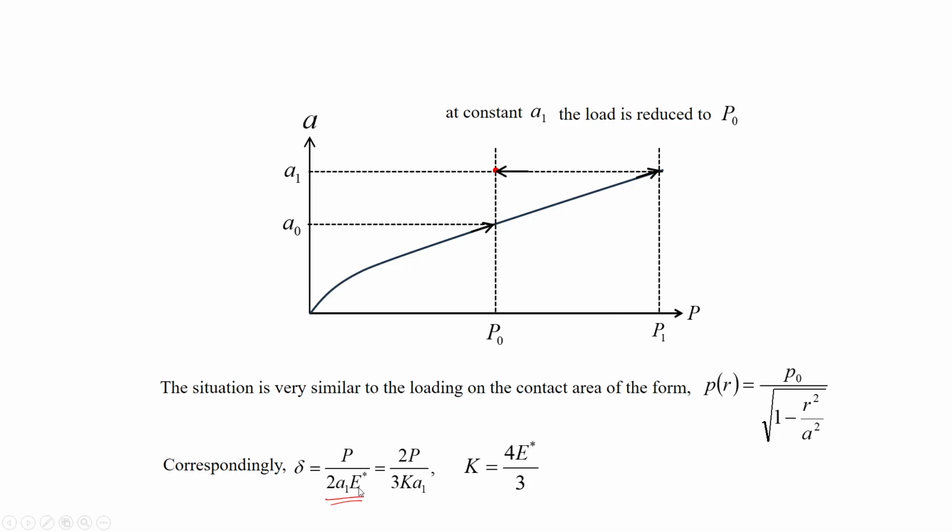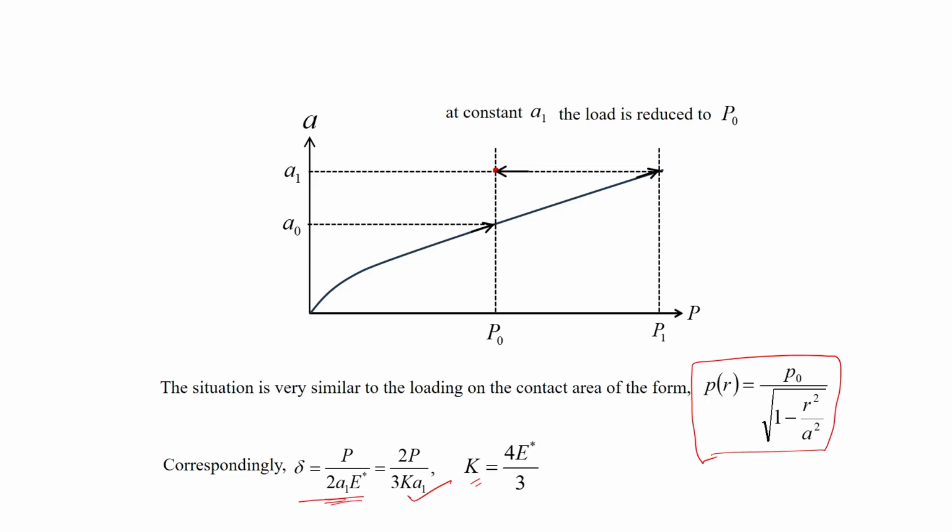We derived that quite a few lectures earlier, where we considered this pressure distribution and estimated the vertical deformation of the elastic half space. E star I can replace by the term capital K, purely for convenience. So, capital K is equal to 4 E star by 3, and replacing E star by K gives rise to this equation.